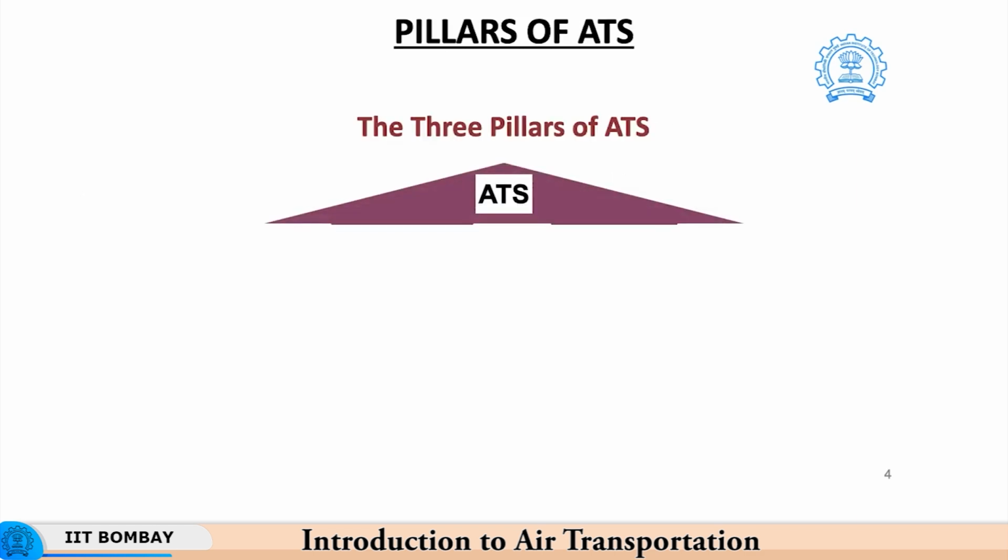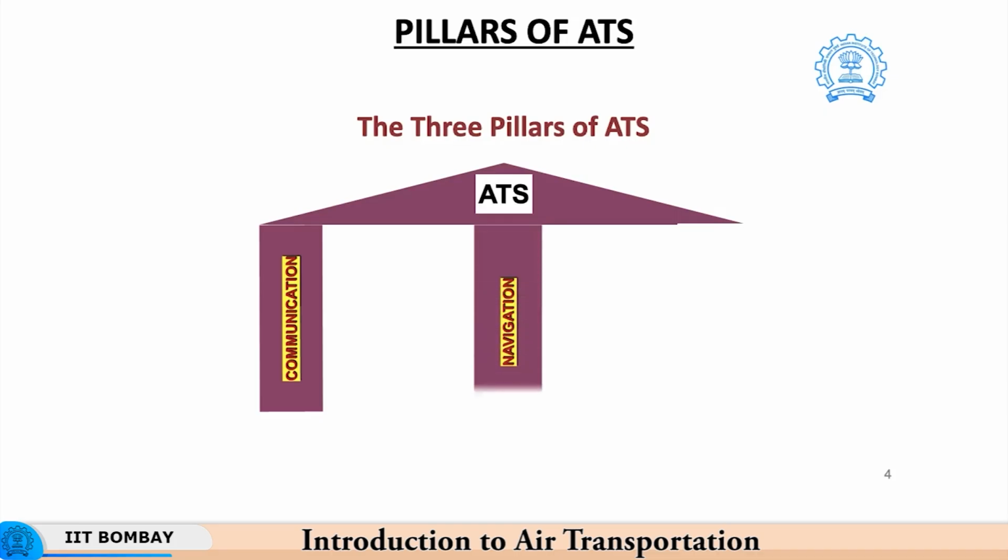So, this is just a brief recap of what Professor Pant had covered previously in lecture 16. As we all know, there are three pillars of efficient air traffic services. Firstly, communication, as to how communication transpires between the aircraft, the pilot as well as the ground crew pertaining to the particular airline.